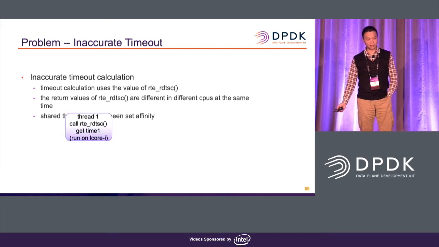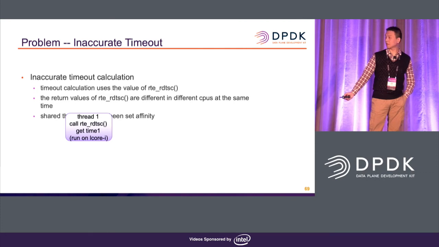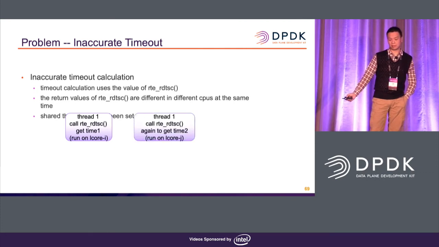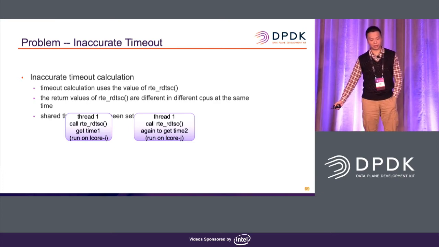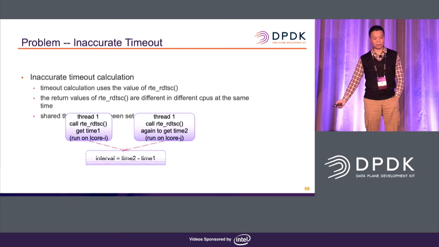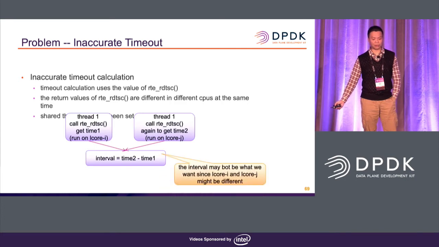So if RDTSC is called the first time in thread 1, and the second time it runs on another lcore, time 2 minus time 1 will give the wrong value.